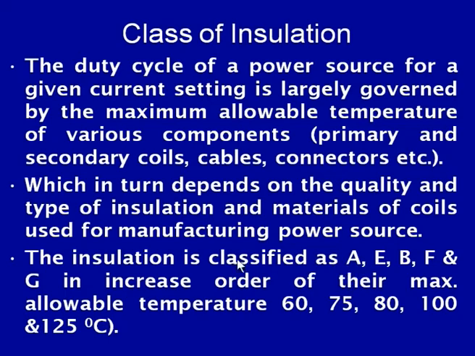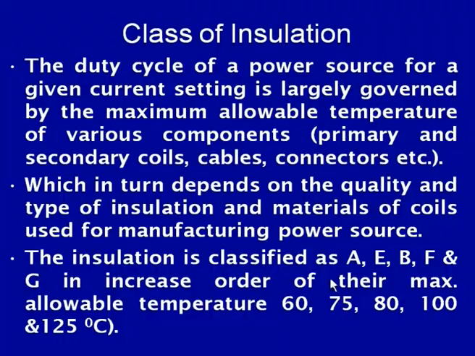There can be different classes of insulation, and they will have different capabilities to withstand different temperatures. Say insulation is classified as A, E, B, F and G. These are in increasing order of their maximum allowable temperature.